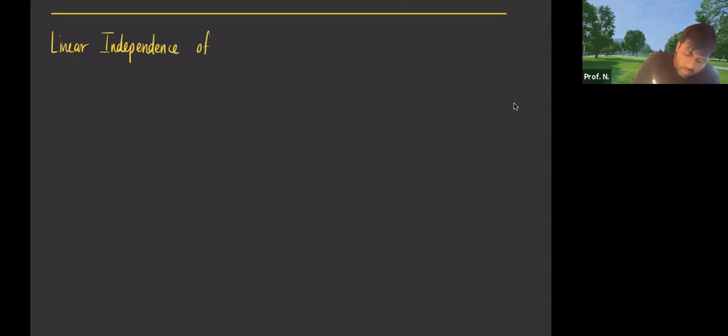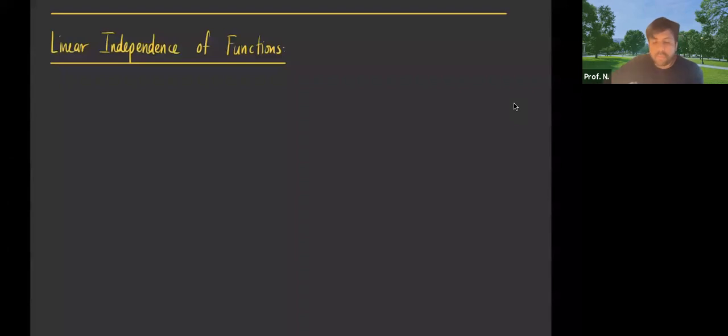This is a different approach. So, linear independence of functions. Functions are a bit more special than the other objects that we've been dealing with, such as the vectors, matrices, and polynomials. Now we have functions.